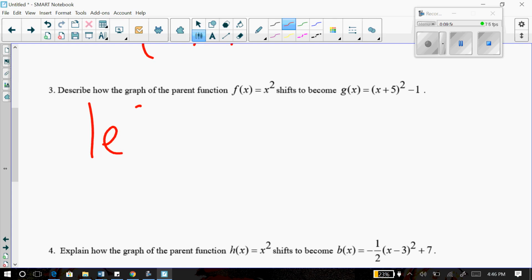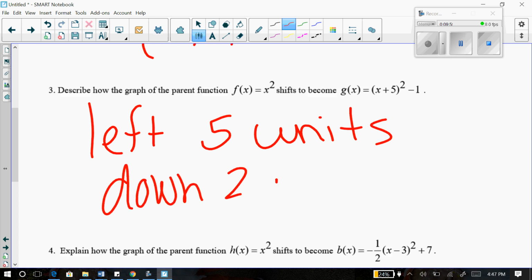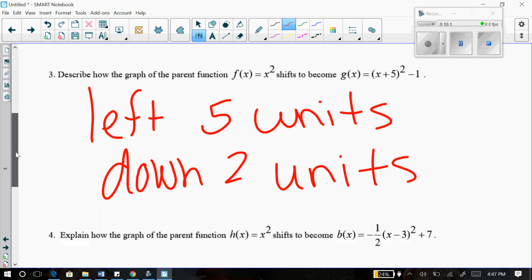So left 5 units, down 2 units. Okay, so count vertex to vertex and see what happens. Let's do one more, and then you have some on your homework.